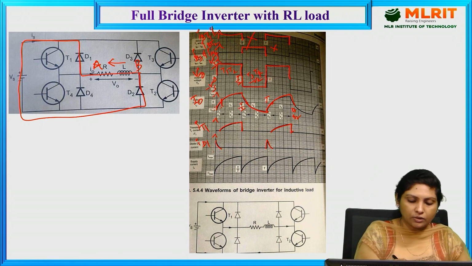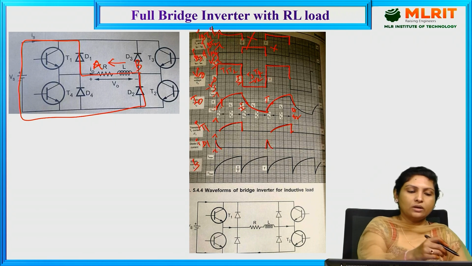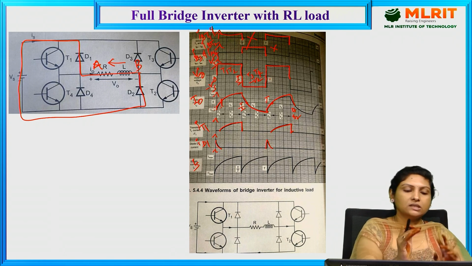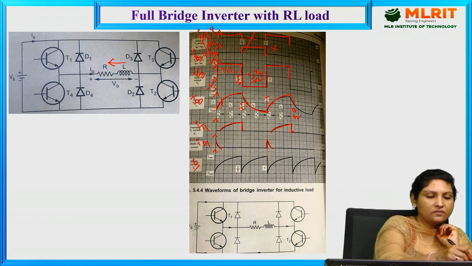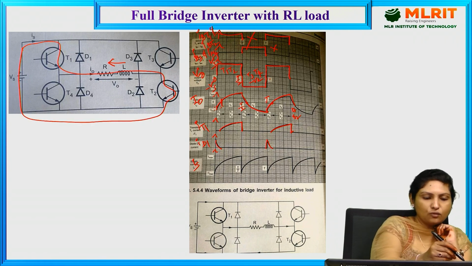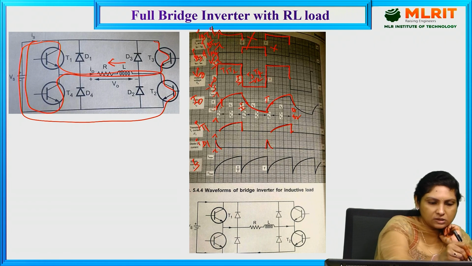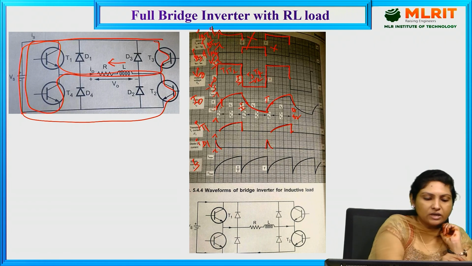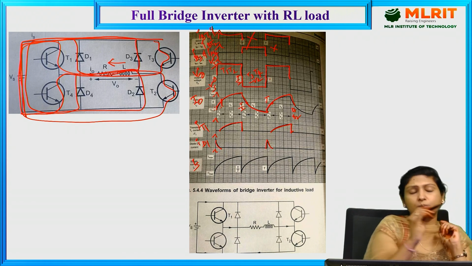Talking about the supply current. As I told you, when all the devices are conducting, there is a path through the supply. When T1, T2 are conducting, there is a path through the supply. When T3, T4 are conducting, there is a path through the supply. And when D2, D1 are conducting, and when D4 and D3 are conducting, there is a current path through this particular supply.